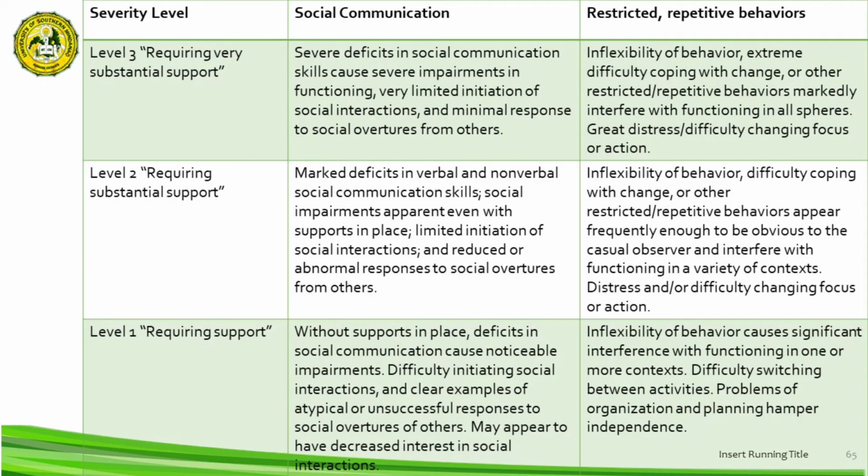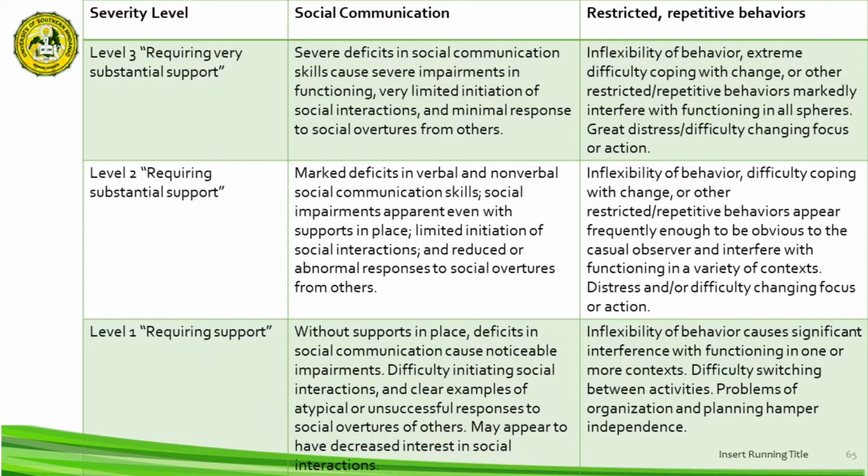So for the severity levels, for level 1, it requires support both in social communication and in restricted, repetitive behaviors. For level 2, it requires substantial support because deficits in social communication are apparent even with supports, and restricted, repetitive behaviors appear frequently enough to be obvious and interfere with functioning.